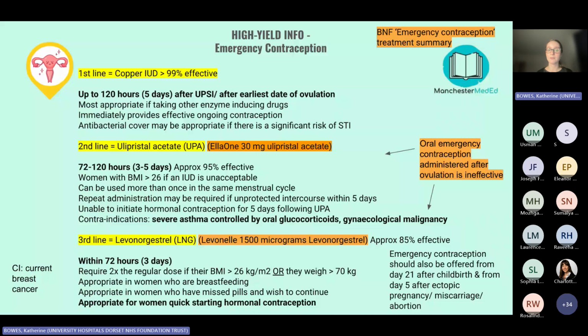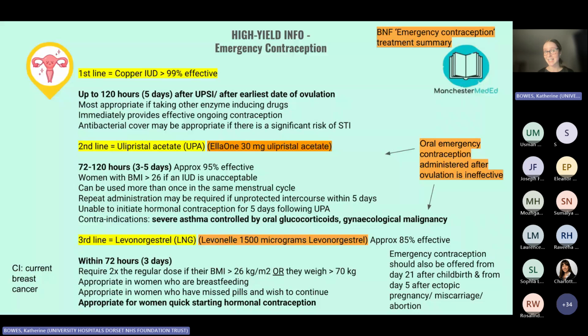And then we also have Levonelle, which is the brand name for levonorgestrel. So another option, but with a shorter time period. That one would have to be used within 3 days of the unprotected sexual intercourse.